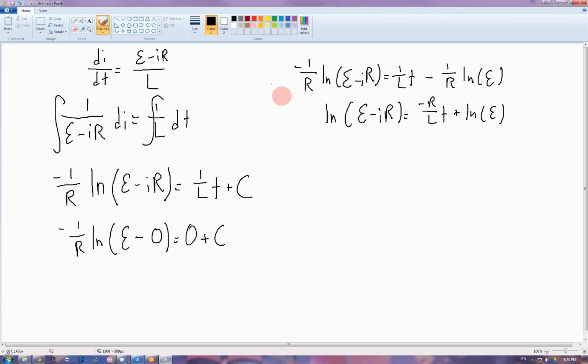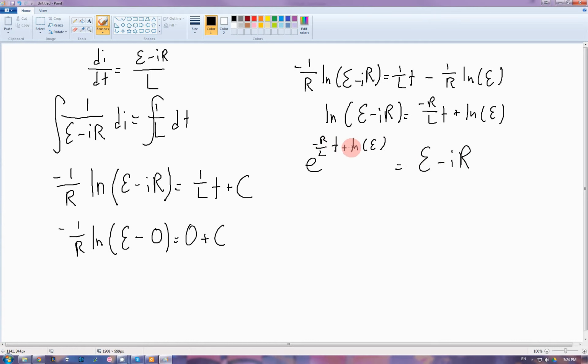Now we can rewrite this, because we know this is the same thing as saying e to all of this stuff is equal to E minus IR. So I'm going to have e to the negative R over L t plus ln E is equal to E minus IR.